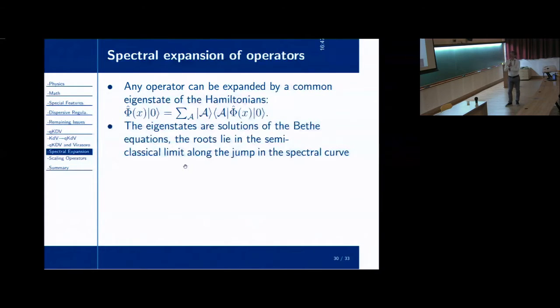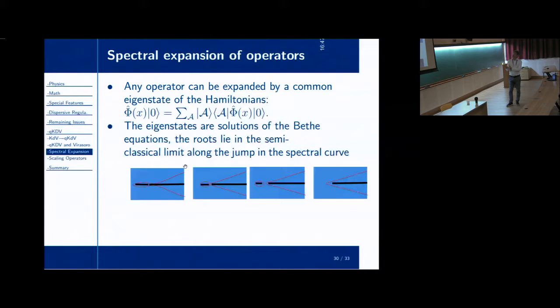And the eigenstates are a solution of Bethe equations, and in fact, they have a relation to the spectrum I've shown you before. So in the semi-classical limit, the Bethe roots, or the eigenstates of this equation, are characterized by the same spectrum of the Lax operator that I've discussed before.